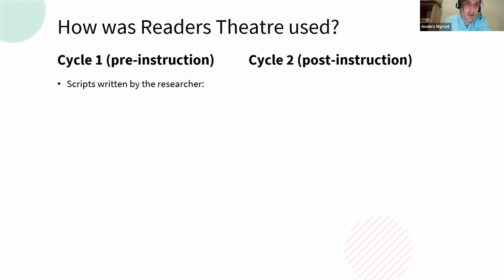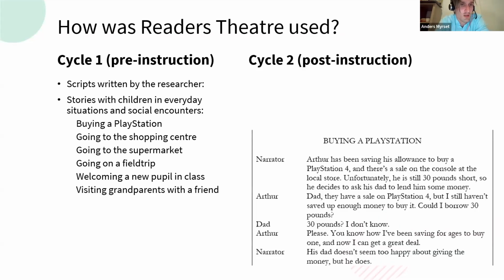In the first one, I had written scripts in advance with stories where children were in everyday situations and social encounters, such as buying a PlayStation or going to the shopping center and so on. And I made sure that I had a variety of situations for requests and also a variety of linguistic resources in the scripts.